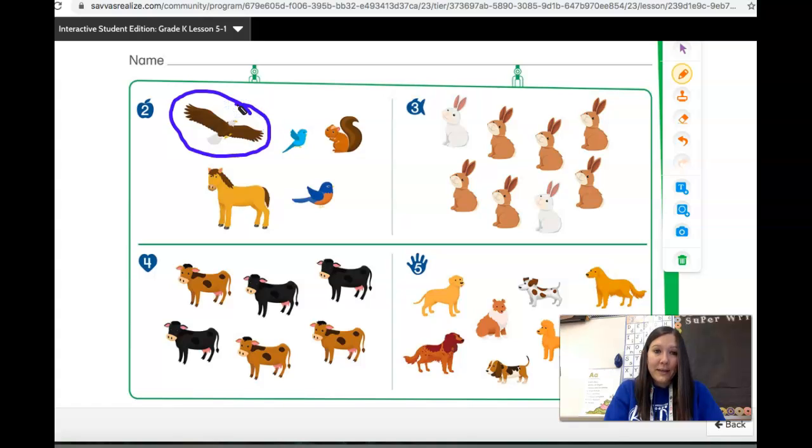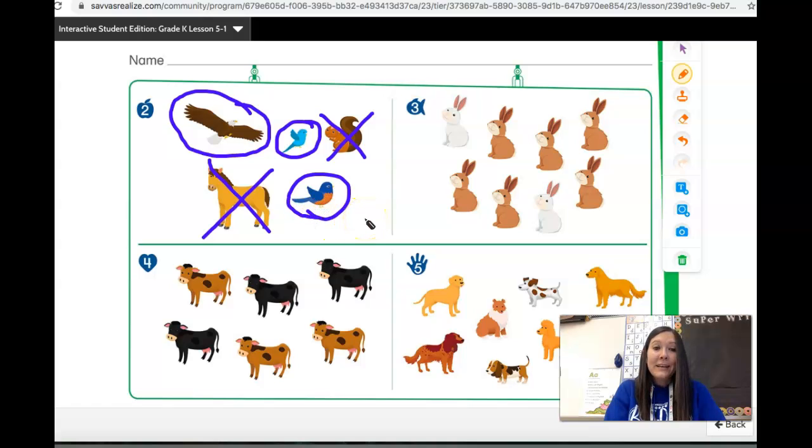Circle the animals that have wings, X the ones that do not. Bird has wings. Squirrel does not have wings. Horse does not have wings. Bird has wings. Look at that.